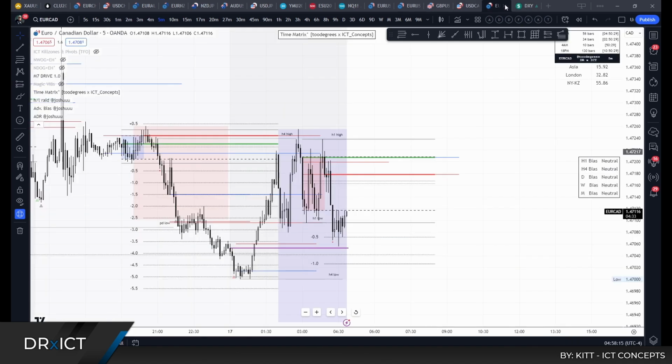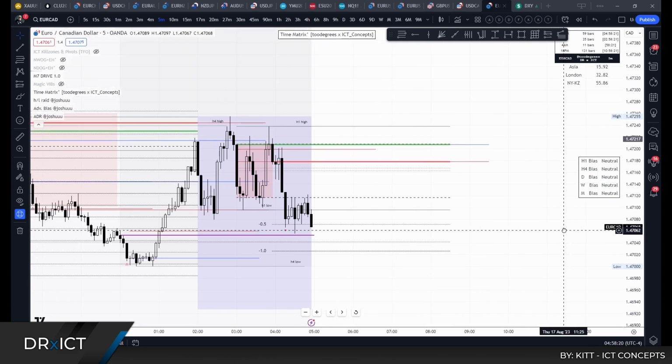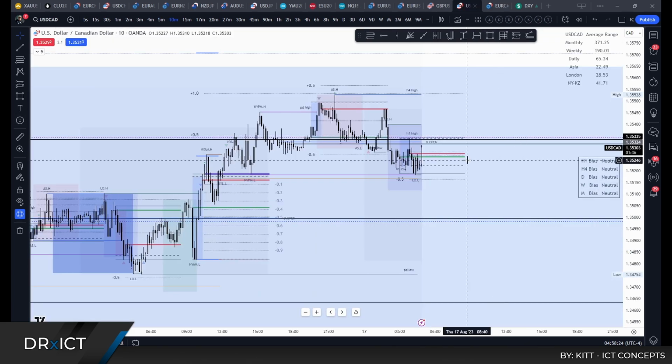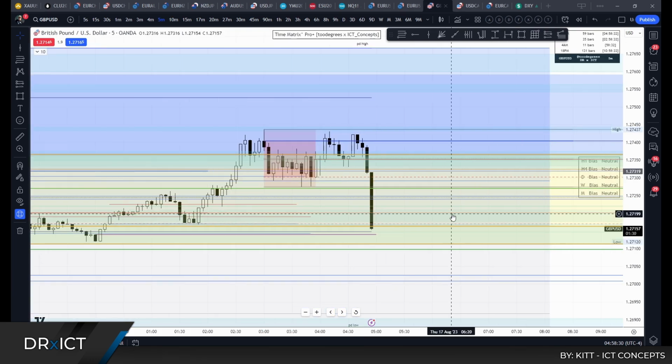Stock setups anyway. Short. CAD should be the same thing. Big move.